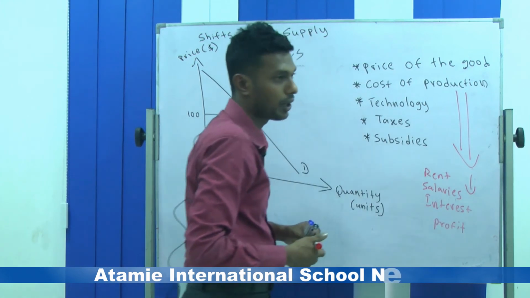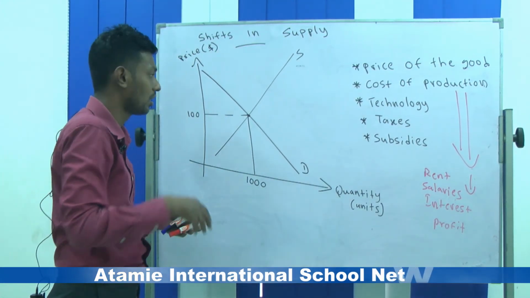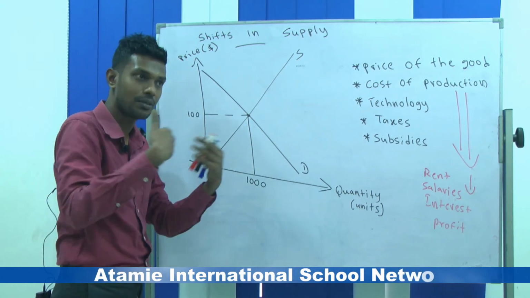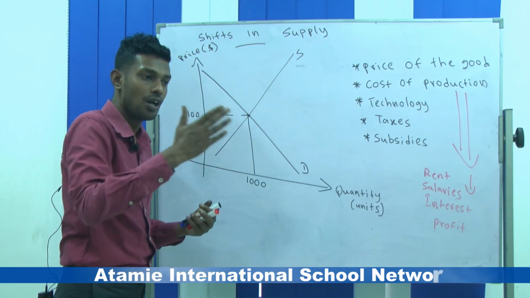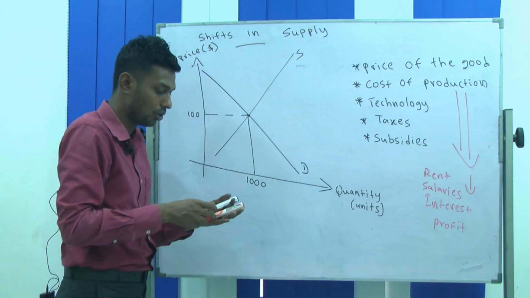What happens when the rent reduces while the price of the particular good remains constant? The suppliers are being motivated to supply more. They will supply more because they are paying a much lesser rent than before.